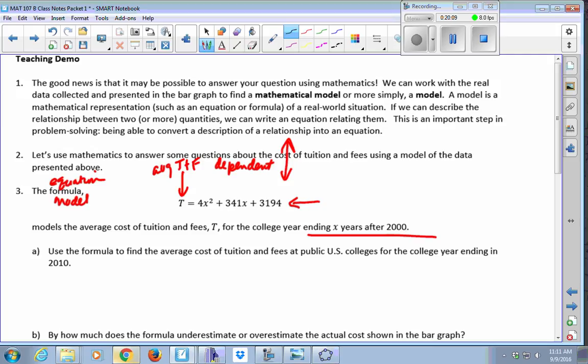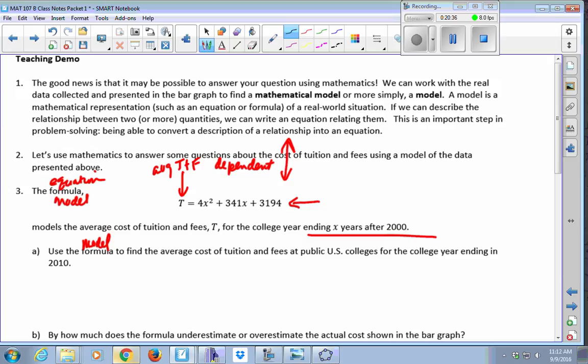So let's answer the first type of statement here. Use the formula or use the model to find the average cost of tuition and fees at public U.S. colleges for the college year ending in 2010. So how would I go about using this formula, this equation, or this model, other than Ian, to answer this question?